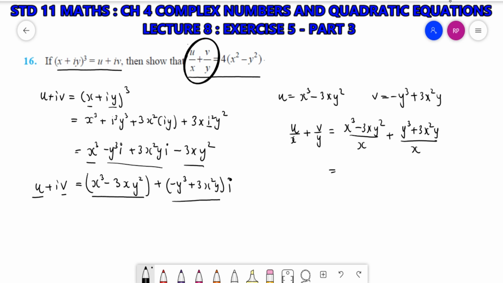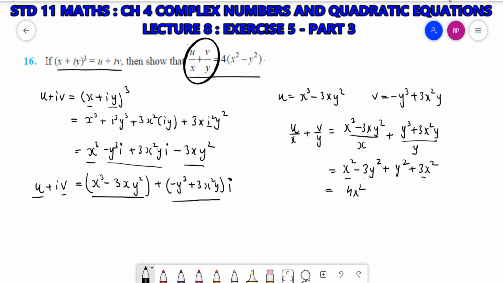This will be equal to x cube by x, which is x square, minus 3xy square by x will get cancelled, so minus 3y square, plus y cube by y square, and then y will get cancelled, so 3x square. X square plus 3x square, 4x square.